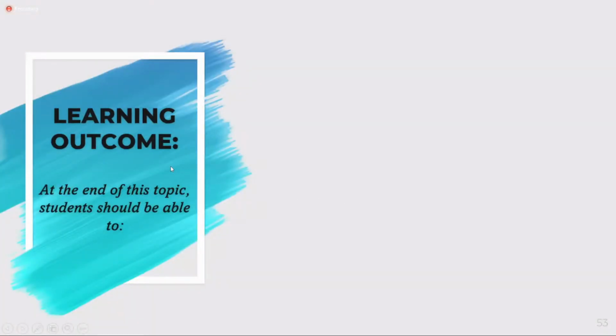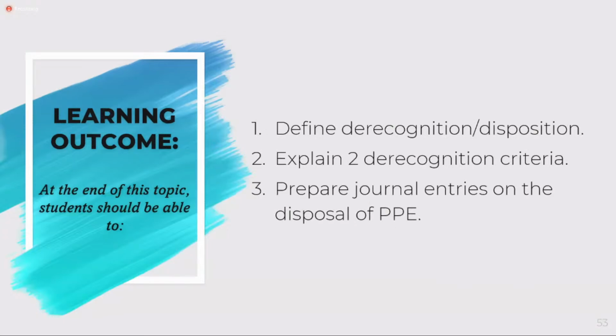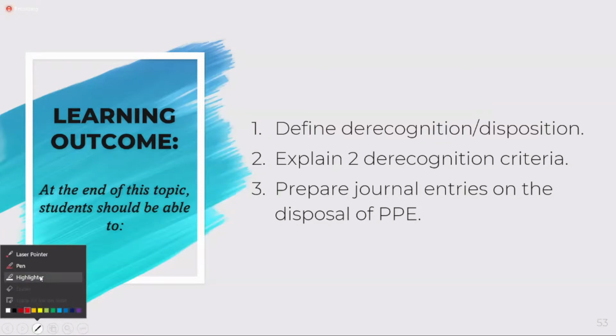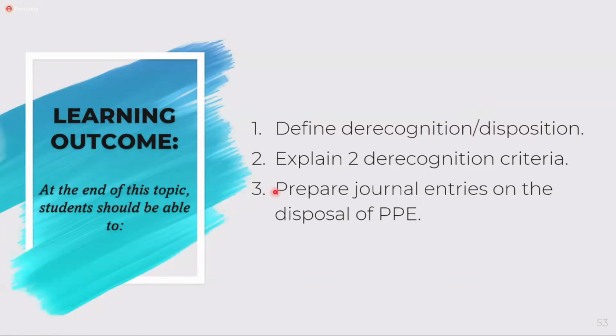At the end of this session, students should be able to define derecognition or disposition; explain two derecognition criteria; and prepare journal entries on disposal of property, plant, and equipment.